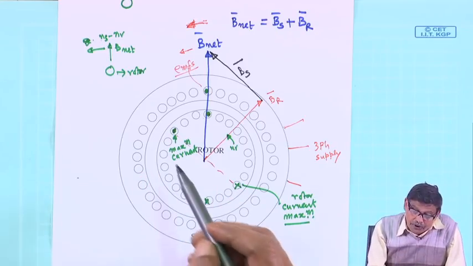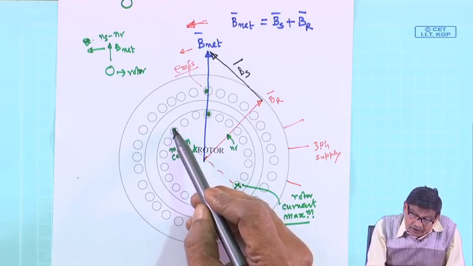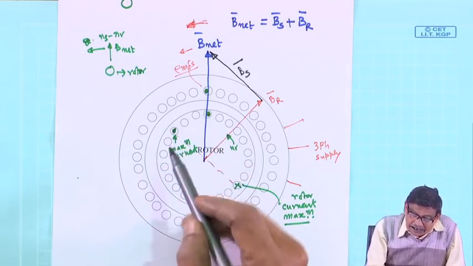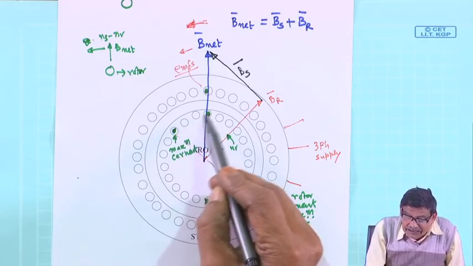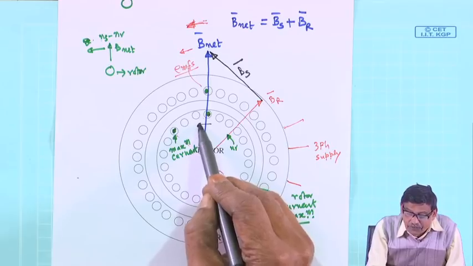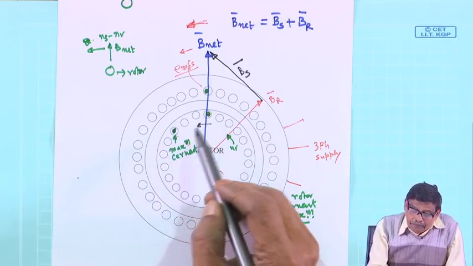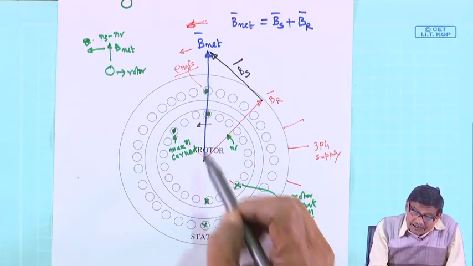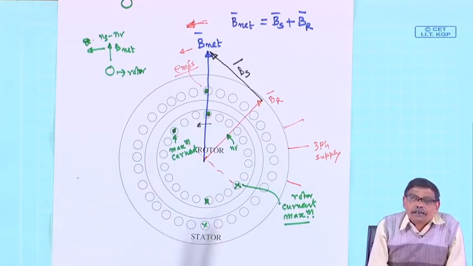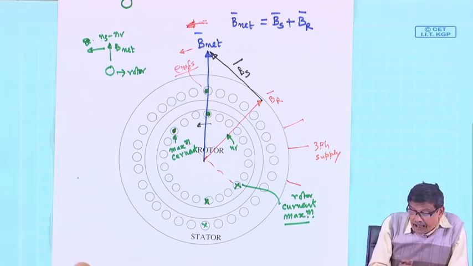Then I will argue, perhaps a conductor like this will have maximum current, because it has already seen the maximum induced EMF when it was here. The rotor is after all moving this way. Therefore, this coil is carrying maximum induced voltage, but this one perhaps will carry maximum current.